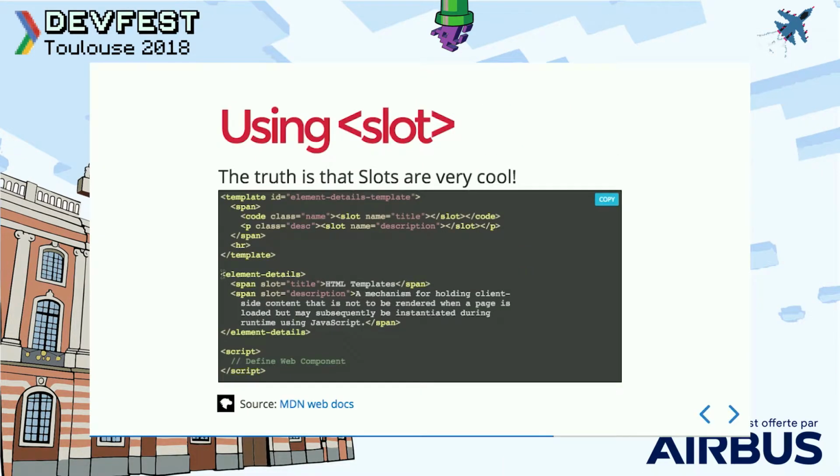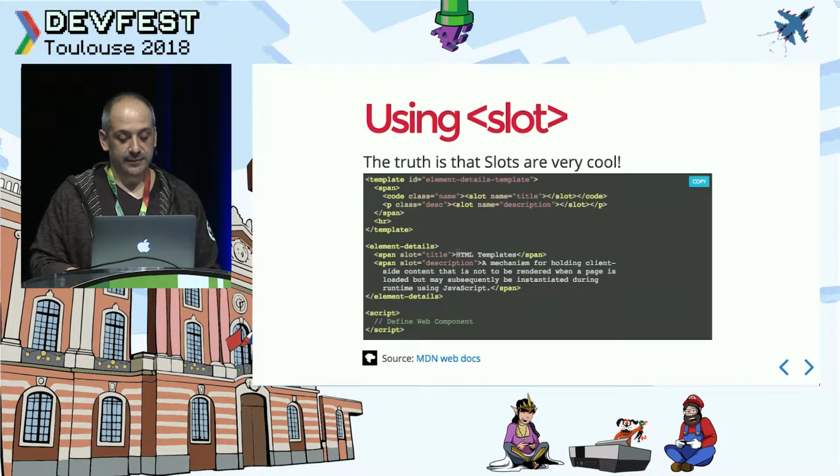And you can just create, for example, this element. And you say, OK, I have this span with slot title with these HTML templates here. And inside our template, we have this slot with name title.